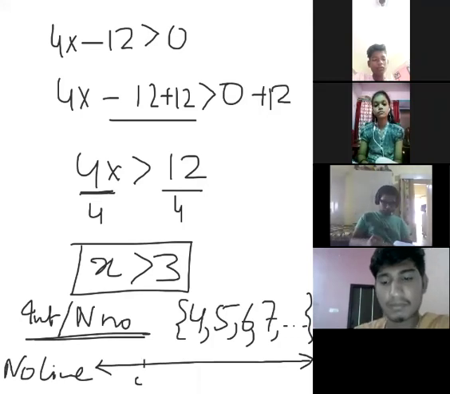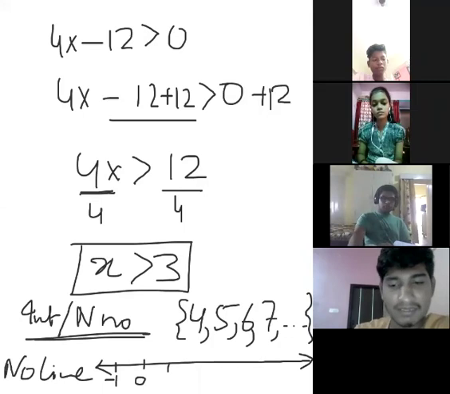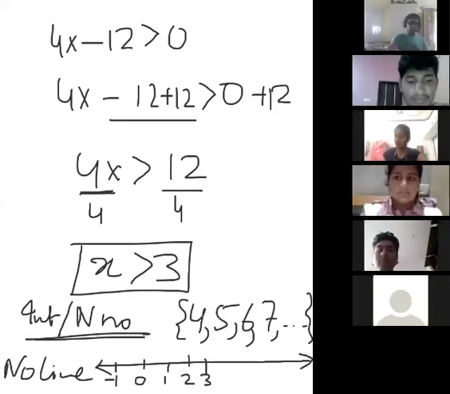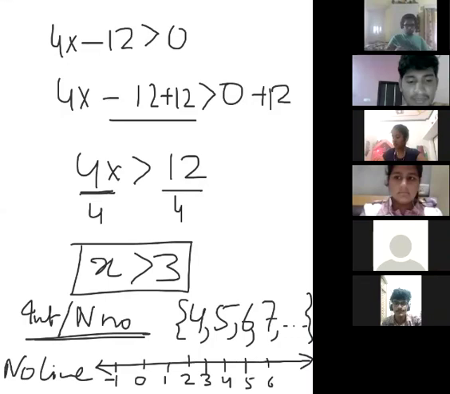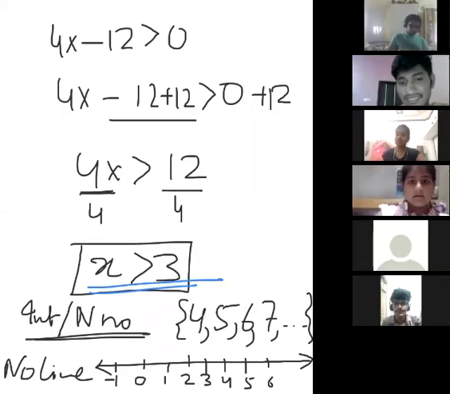So 0, minus 1, 1, 2, 3, 4, 5, 6 and so on. It will keep on going. So I need to show it is more than 3. It is greater than 3, so 3 we cannot take. 3 is excluded. Other than 3 we need to take. At 3, a hollow bubble will come and on the more than 3 side we will shade. This is also known as graphical representation. We are representing it on the number line graph, a single line graph, because it is one variable.